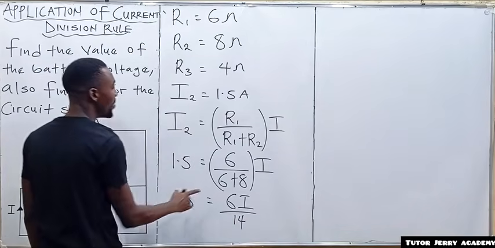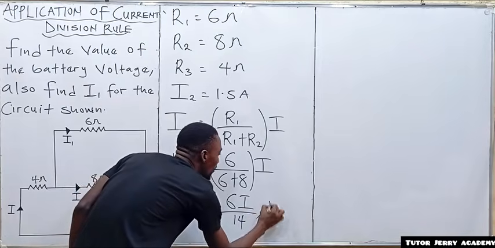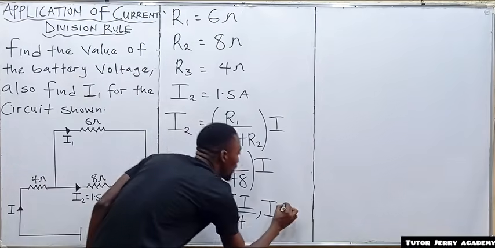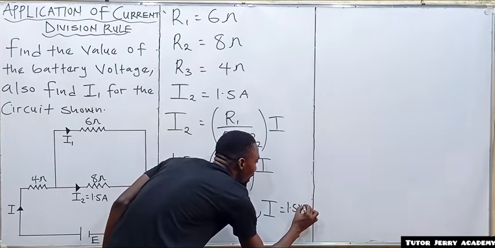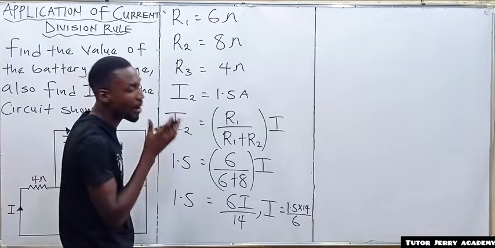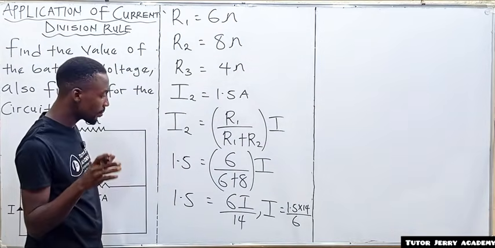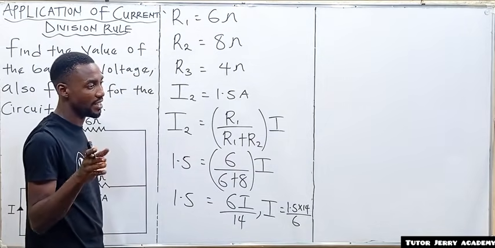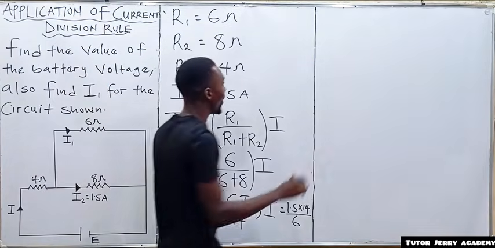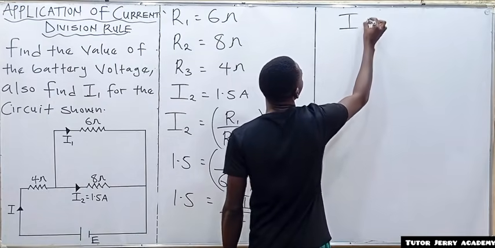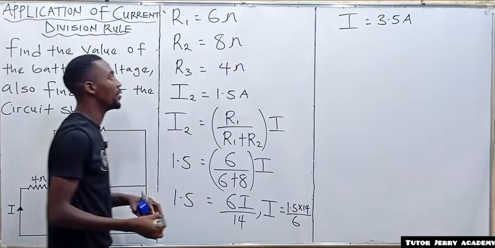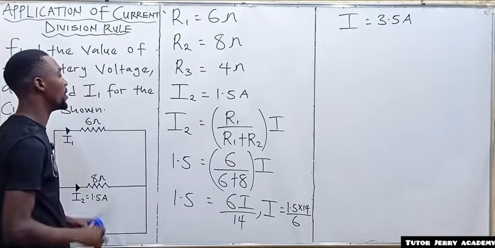If we make I the subject, I will be equal to 1.5 multiplied by 14, divided by 6, which is nothing but 3.5. So our I will be equal to 3.5 amperes.